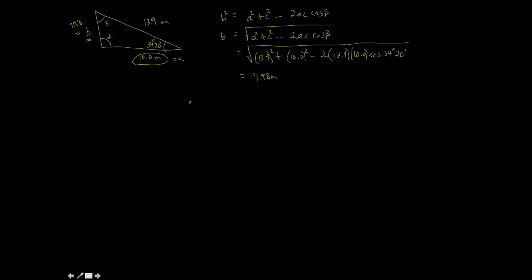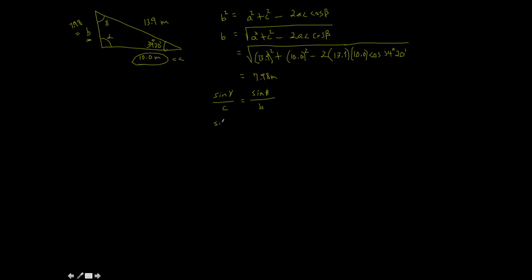So why are we trying to do that? If you remember what I said, it's going to keep our answer acute. That way the answer you come up with in the calculator is the answer, okay? So it just makes it easier for you. So we have the sine of gamma over C equals the sine of beta, because we were given beta, over B. We've actually solved for B now.